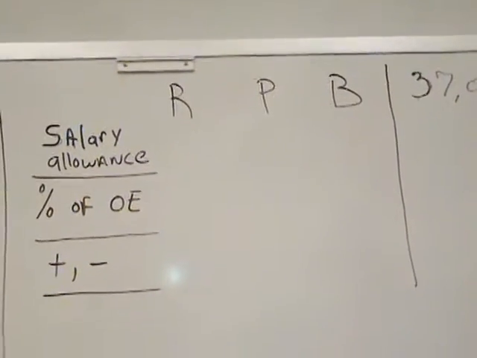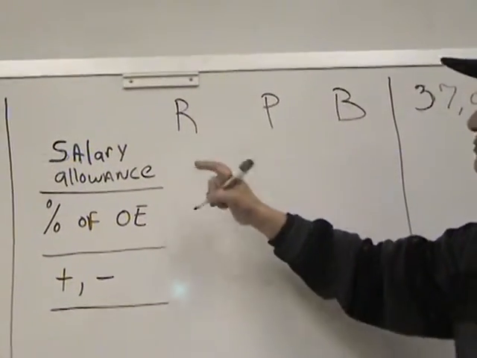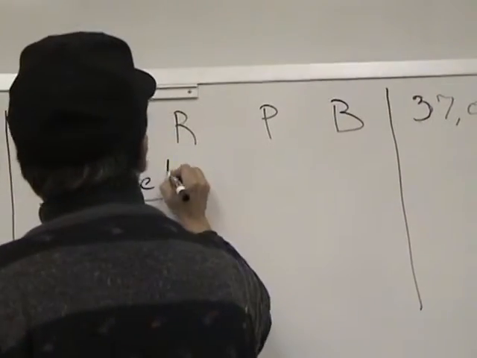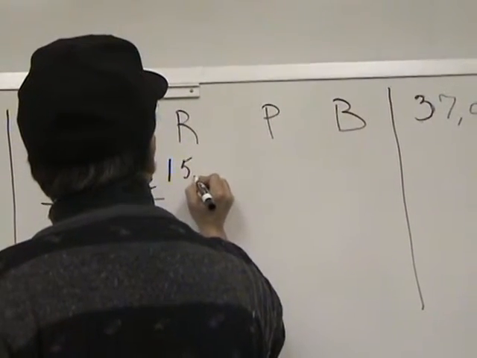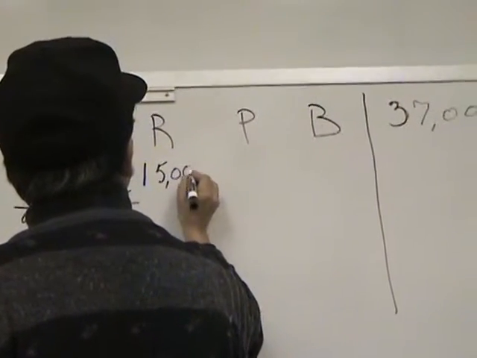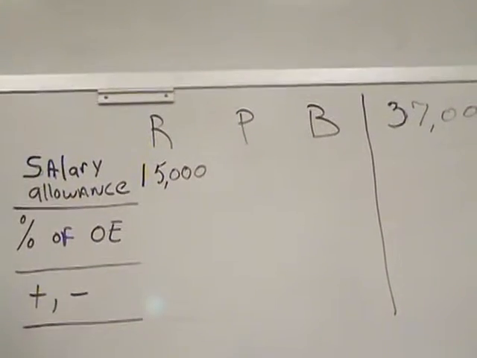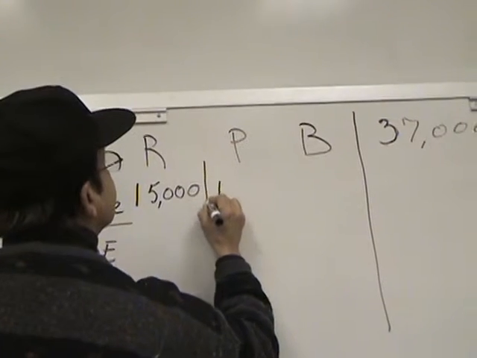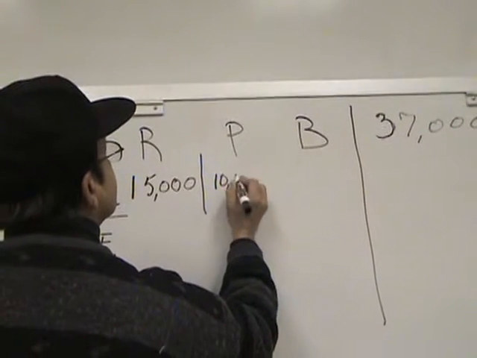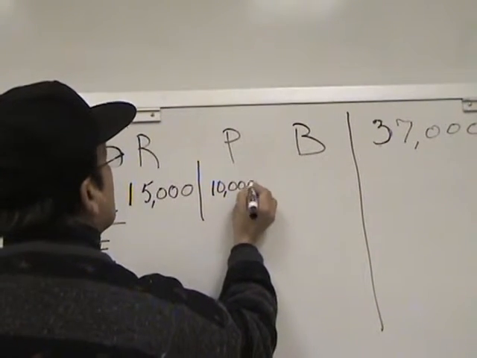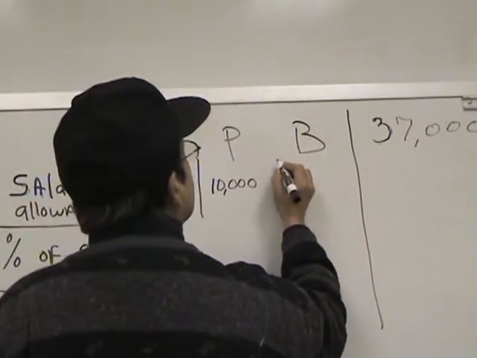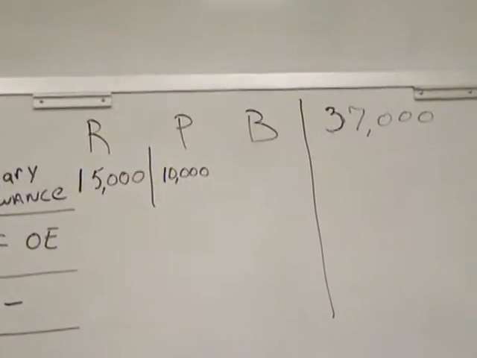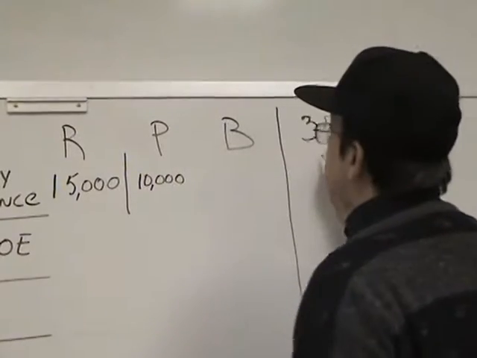So in R, put 15,000. You may have to go just a little smaller. And then under P, 10,000. If you want to put a line next to it to separate it.